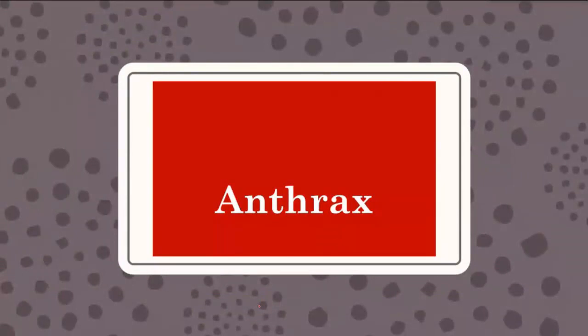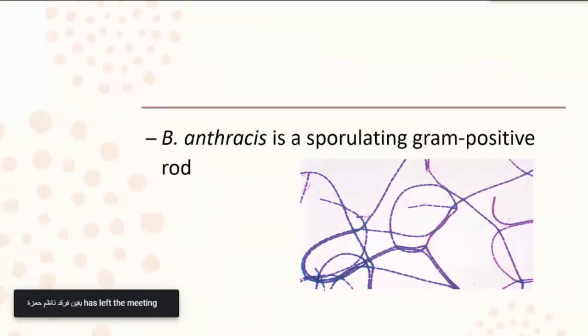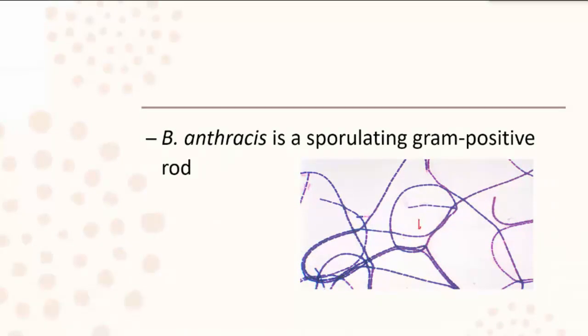This is about diphtheria. The last one is anthrax. Short notes about anthrax. As you know, it is also a gram-positive rod. This is the usual appearance of a gram-positive, usually purple in color. This is also a sporulating bacteria.